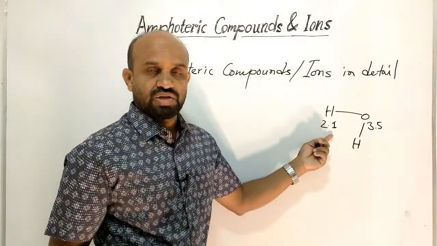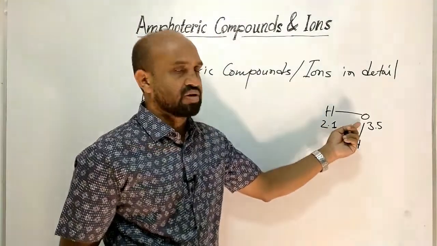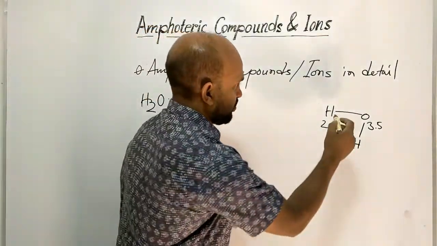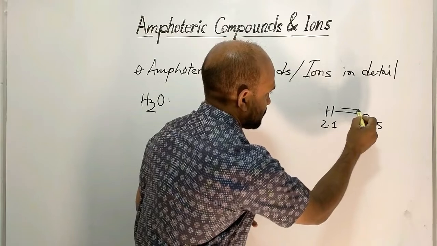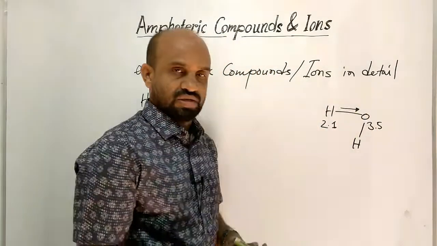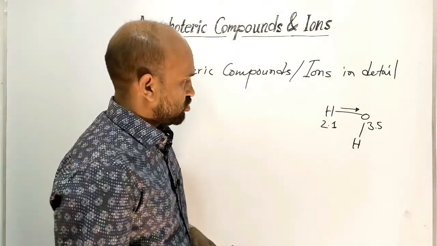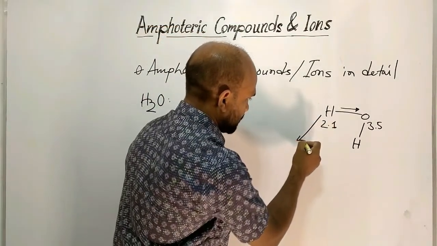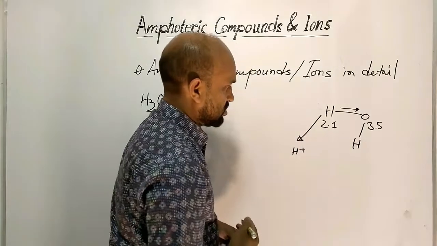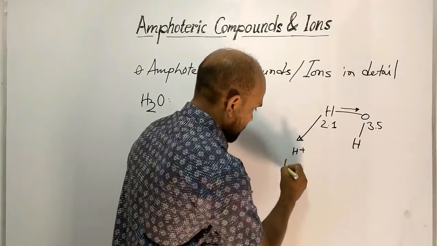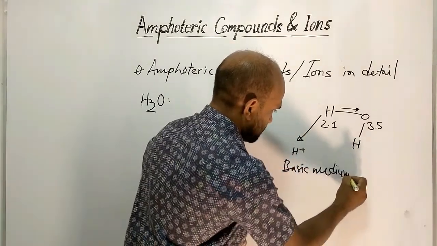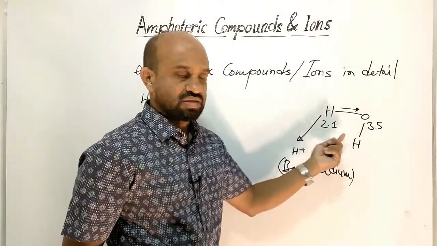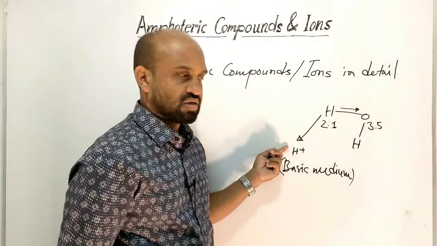The electronegativity difference between hydrogen and oxygen is quite high. That is why these covalently bonded electrons move towards oxygen. At one stage, this hydrogen becomes freed as a proton in basic medium. That means water acts as acid.